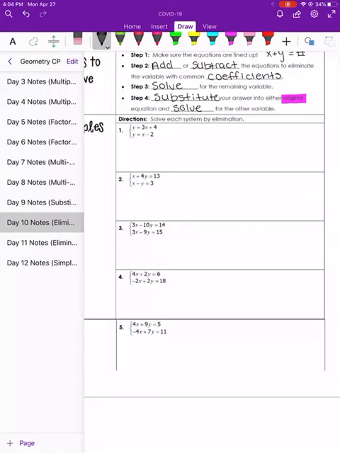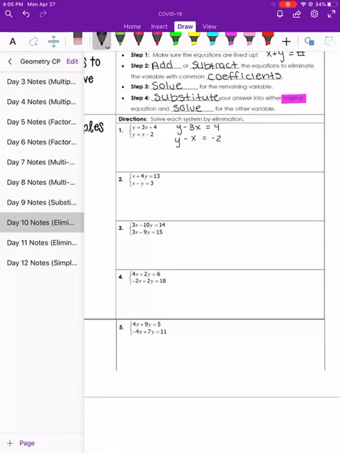I just prefer to have my x's and y on the left side, so I'm going to subtract my 3x from the top one, giving me y minus 3x equal 4. And I'm going to subtract the x on the second one, giving me y minus x equal negative 2. This is just the way I prefer to work the problems.